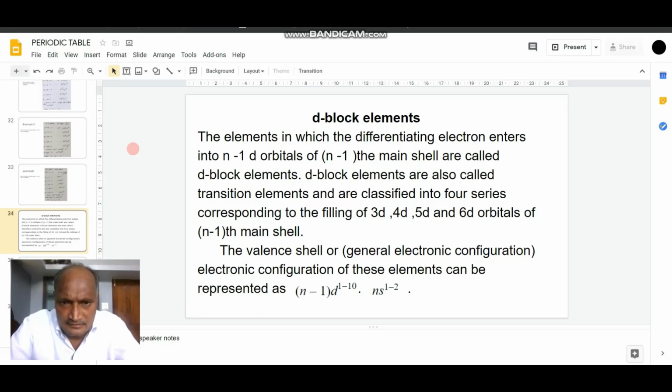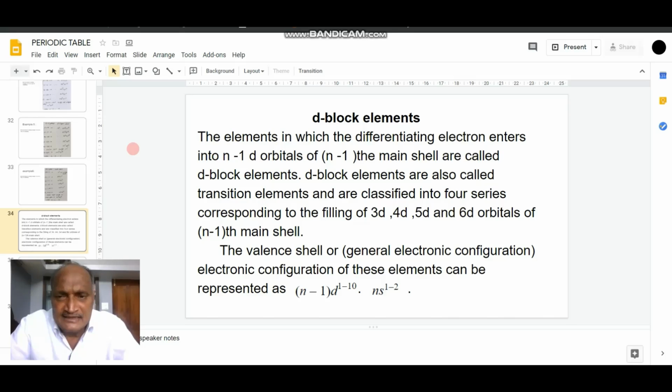According to the definition, the elements in which the valence electron enters into the n-1 d orbital of the n-1th main shell are called d block elements.